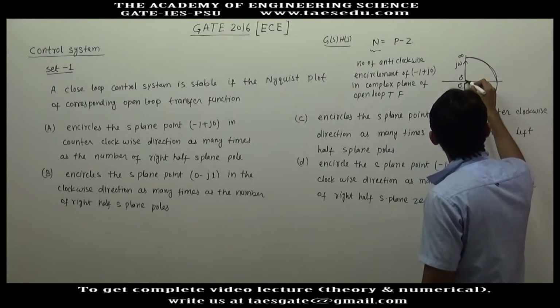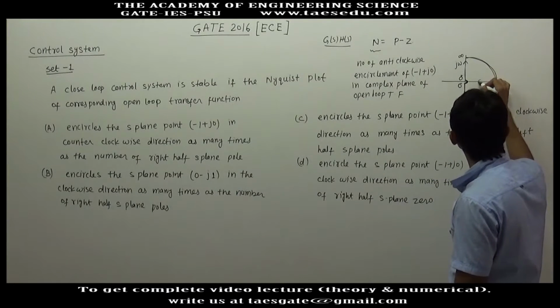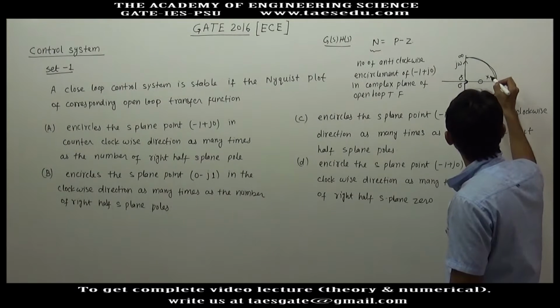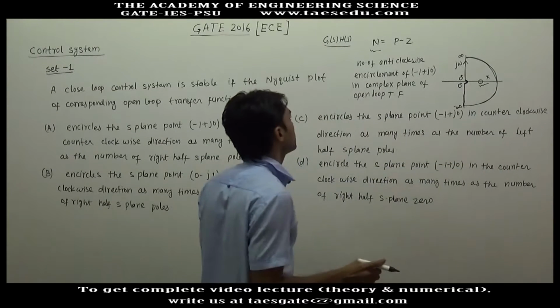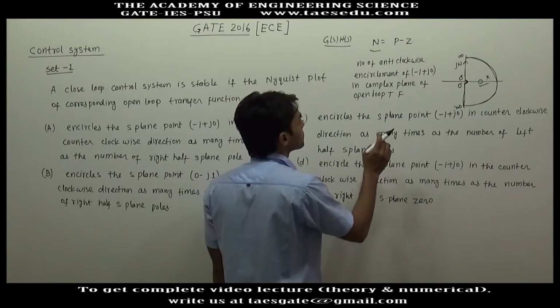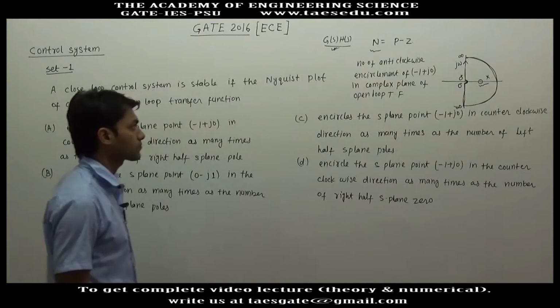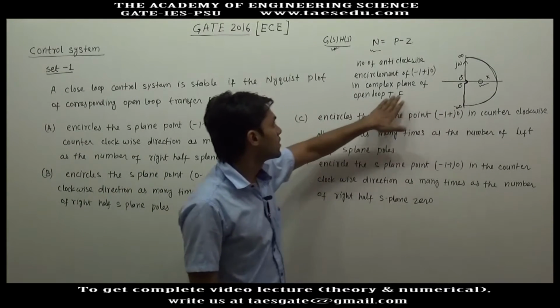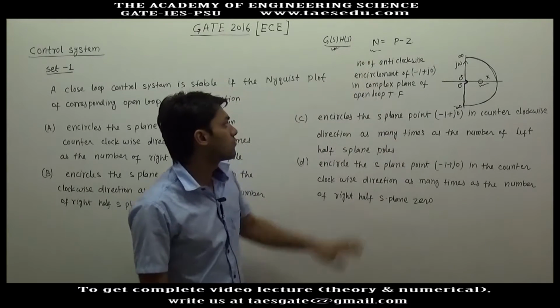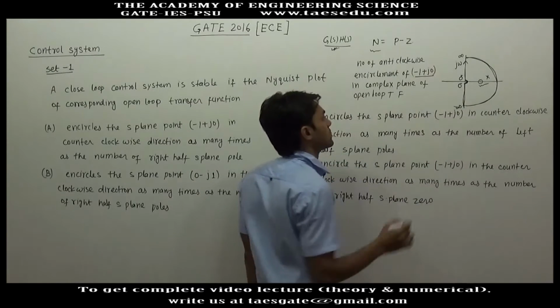and in the entire right half of the s plane, if there is a zero or if there is a pole, the effect of pole and zero will be reflected in the complex plane of the open loop transfer function. So this way we move in the s plane and we try to find out N, the number of anti-clockwise encirclements of the point -1 plus j0.